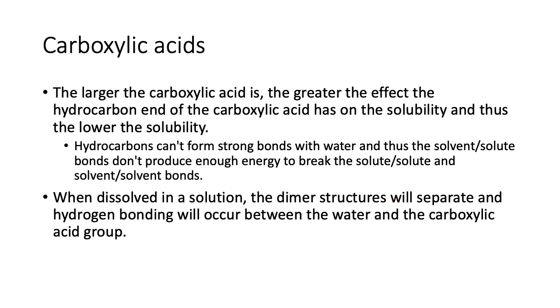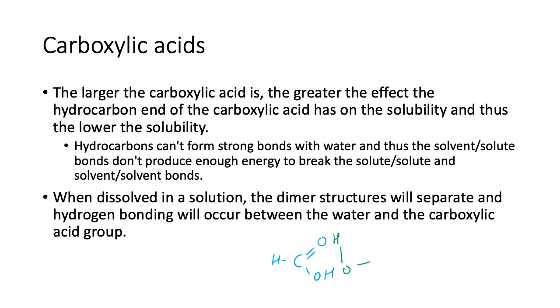When dissolved in a solution, the dimer structure will separate. So here you have two methanoic acids in a dimer structure. What happens is that when that's dissolved in water, this can now hydrogen bond with a water molecule.